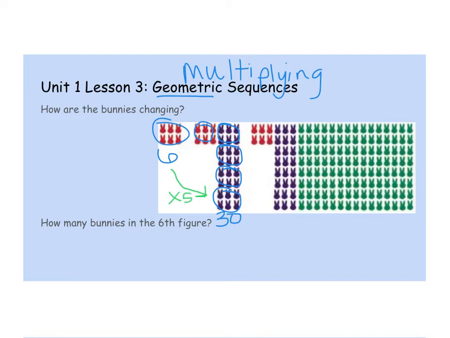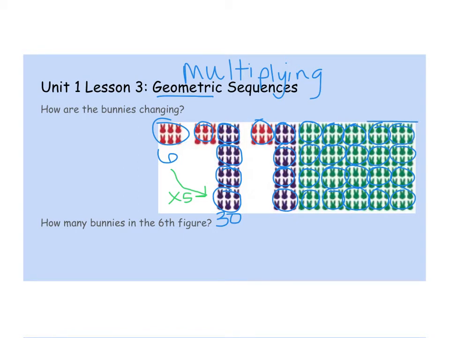Okay, let's double check that would be the same if we multiply it by 5. So here's 1, here's the original, right? 1, 2, 3, 4, 5, 6, 7, 8, 9, 10, 11, 12, 13, 14, 15, 16, 17, 18, 19, 20.